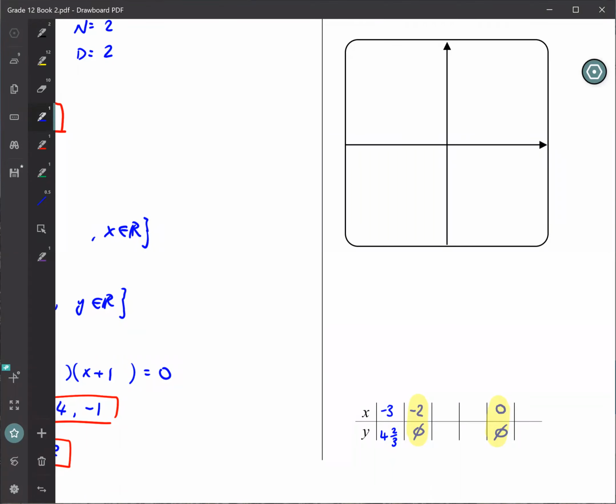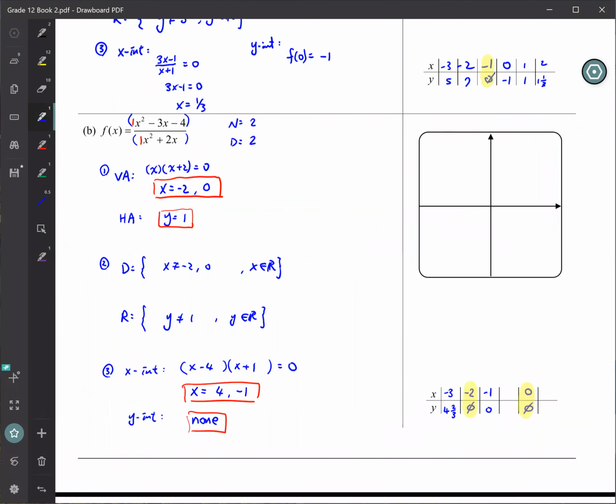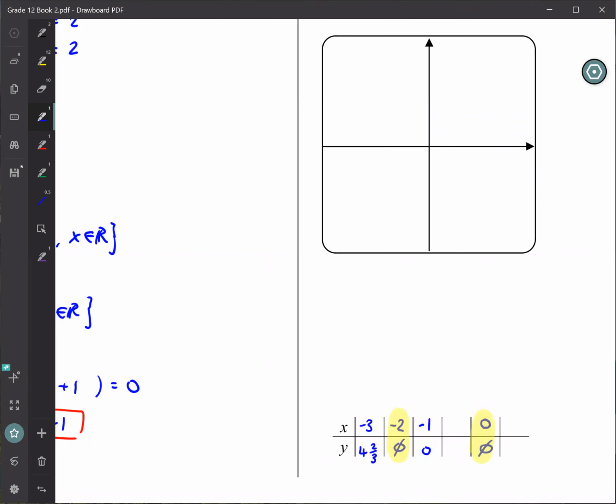Okay, and Cindy, do you have a point on the right side of -2? I chose -1. Okay, and what did you get for that? 0. 0, okay. So -1, 0. Oh, so that's the x-intercept, right? All right, and then we need another point between -1 and 0.